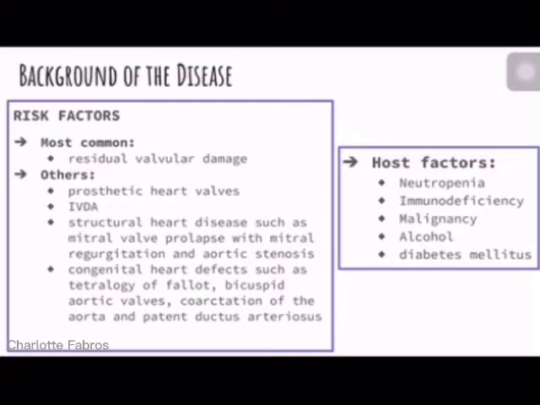Congenital heart defects such as tetralogy of Fallot, bicuspid aortic valves, coarctation of the aorta, and patent ductus arteriosus. Host factors such as neutropenia, immunodeficiency, malignancy, alcohol, and diabetes mellitus can also predispose the patient to infective endocarditis.